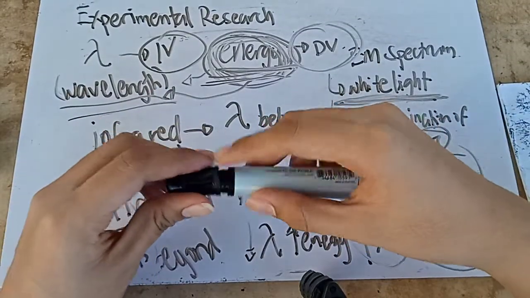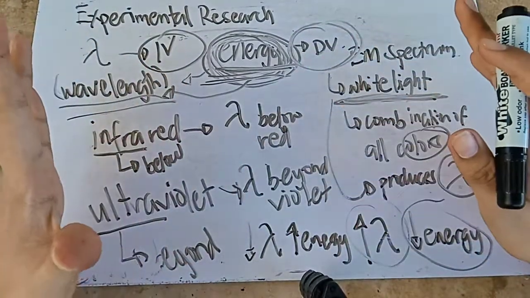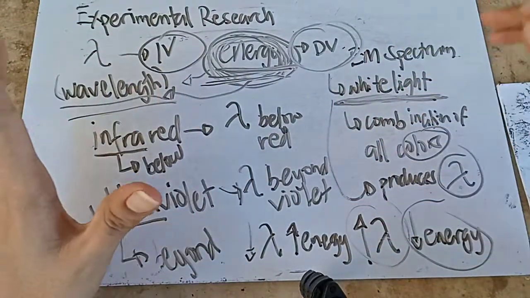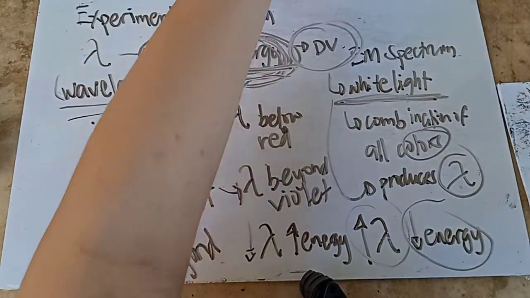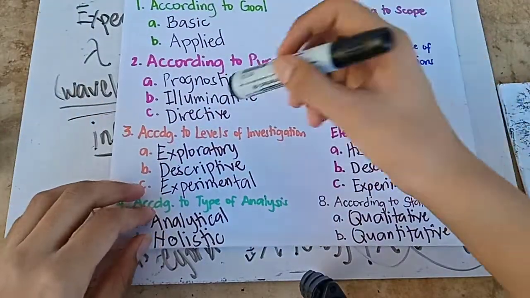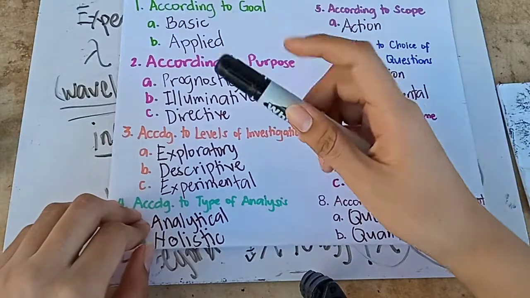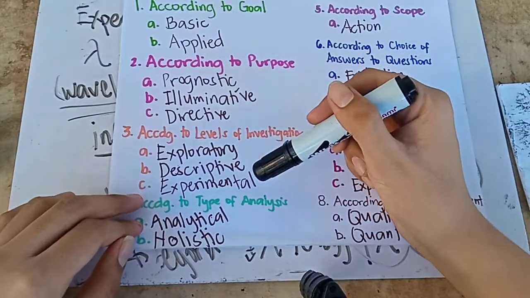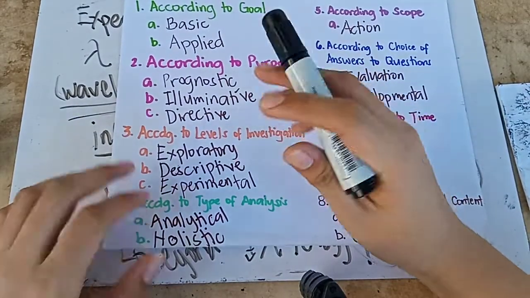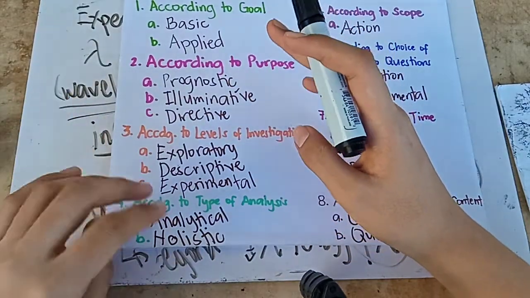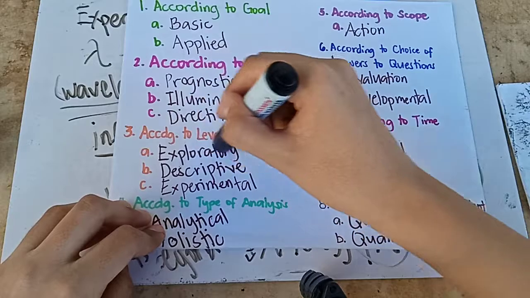So as you can see, these three kinds of researches, rather, these three kinds of relationships, exploratory, descriptive, and experimental, they all focus mainly on the relationship of variables and how they are being investigated.